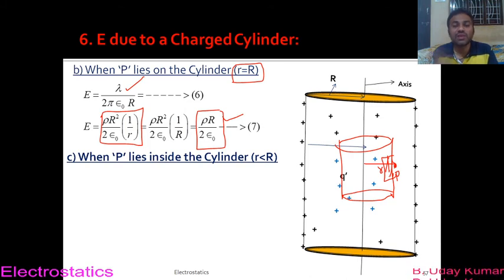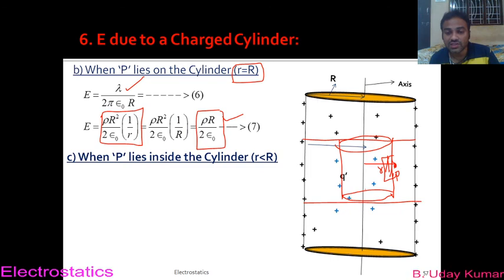That means the total electric flux, whatever formula we got there, the same formula we are going to get here, but the only difference is that the charge enclosed by this Gaussian cylinder will not be Q, rather it will be something else. Is that clear? While applying Gauss theorem, we have to only consider the charge enclosed by the Gaussian surface.